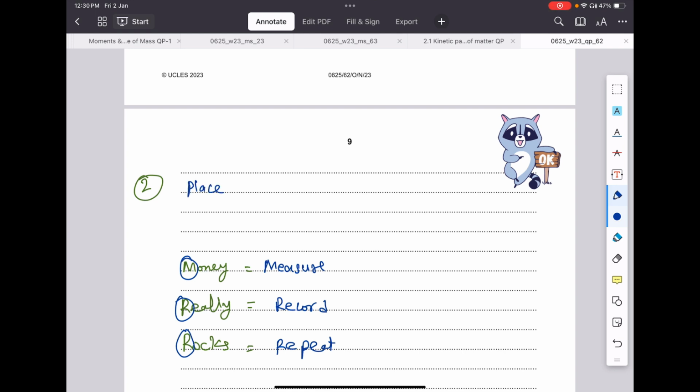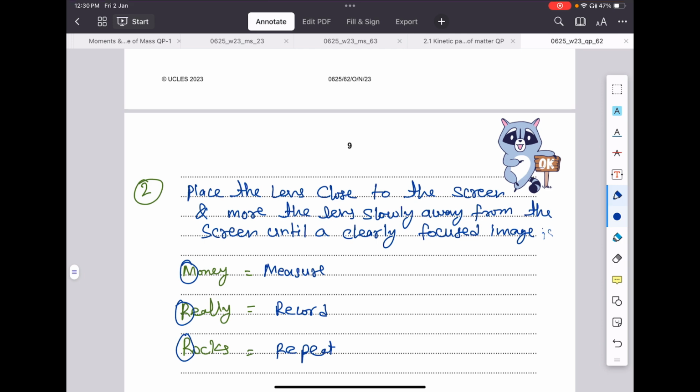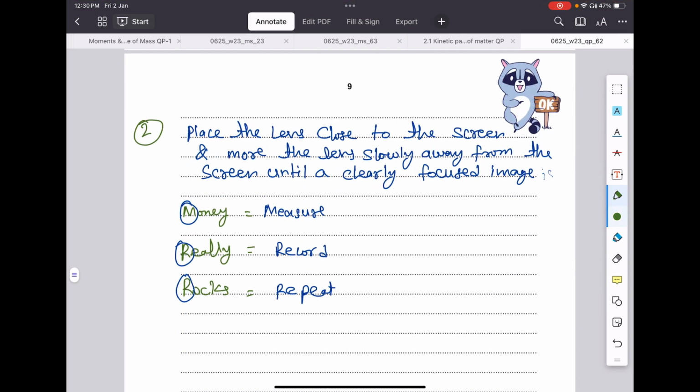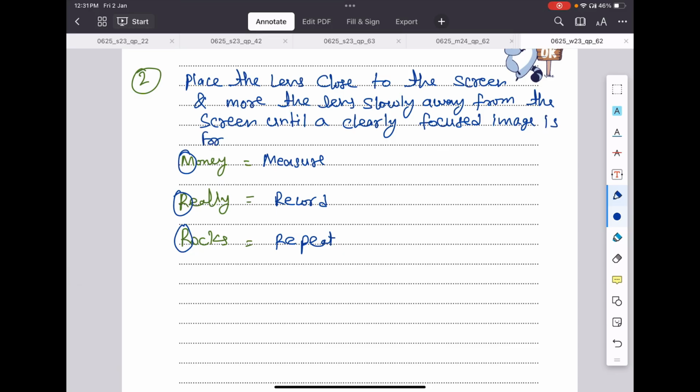Now we can write: place the lens close to the screen and move the lens slowly away from the screen until a clearly focused image is formed on the screen.